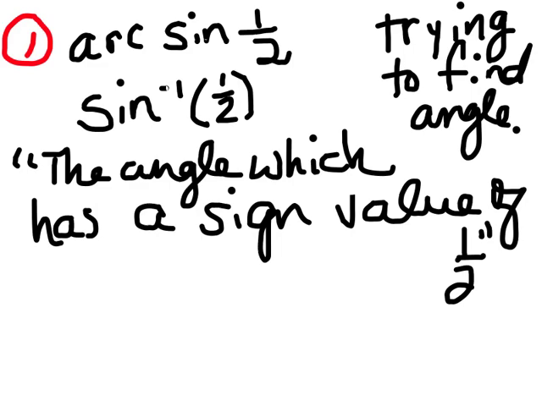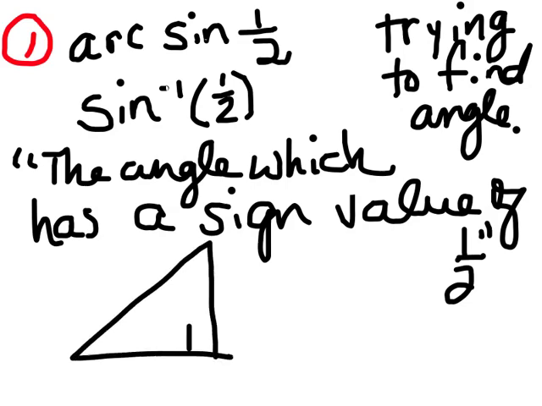If they don't want us to use our calculator, we're limited to that. So if you keep that in mind, that can give you some hints on where you should start looking. I know that there are no 1/2s that come out of 45, 45, 90, so maybe I go draw a 30, 60, 90 and label it.